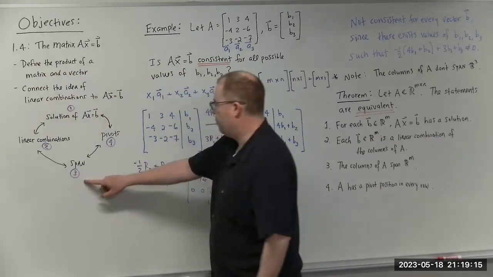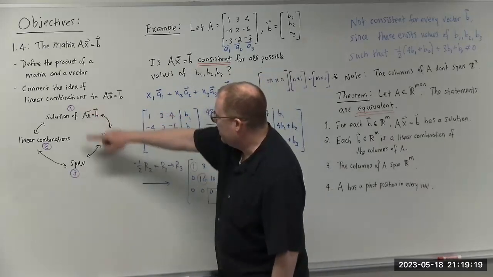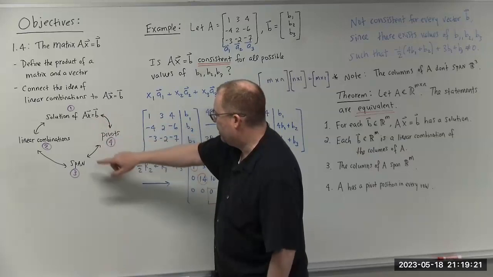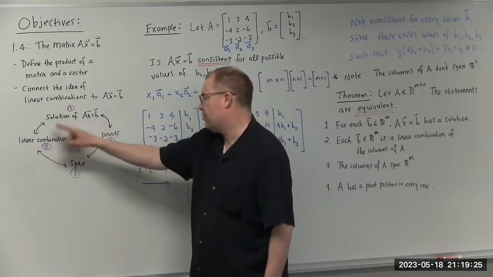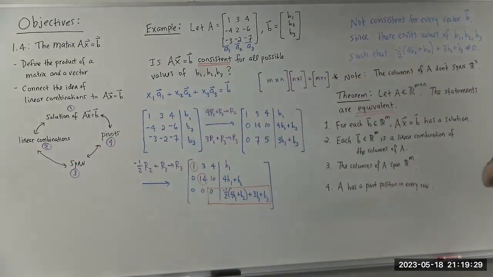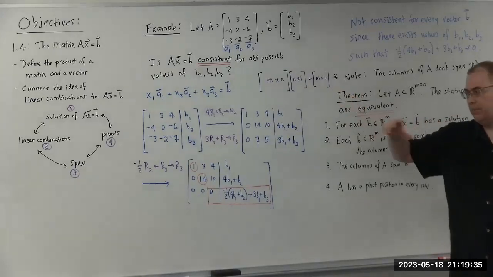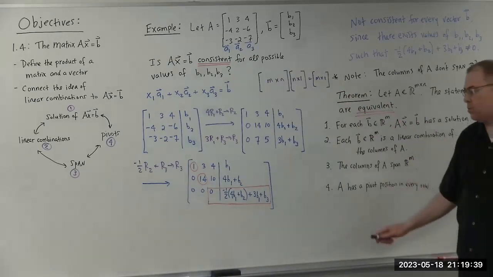If 3 is true, that means 1 is true, by association. If 1 is true, 3 is true. If 4 is true, 2 is true. If 2 is true, 4 is true. So it works like that. This is what's called a logical diagram, and you can find these throughout math, especially in the more advanced courses.